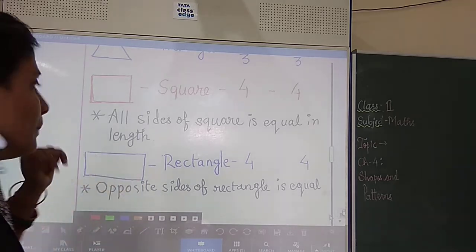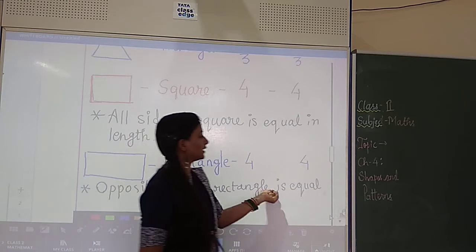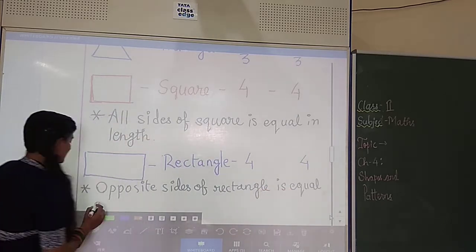There are 2 pairs of opposite sides. So, opposite sides of a rectangle are equal in length.